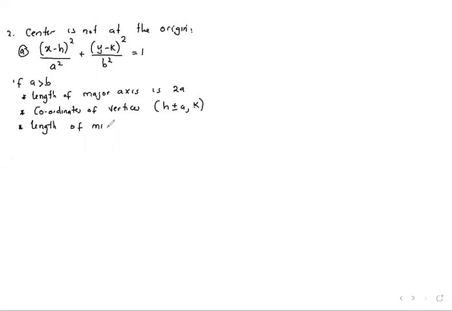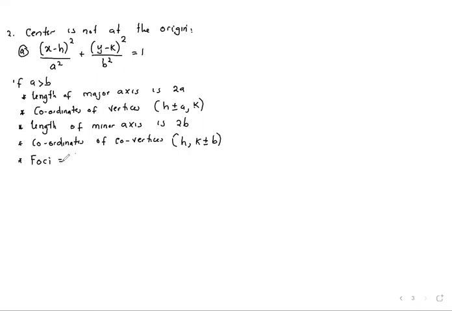Then you have the length of the minor axis. This one uses b, and then the coordinates of the co-vertices, that is on the minor, that will be h comma k plus or minus b, and then the most important ones, the foci.